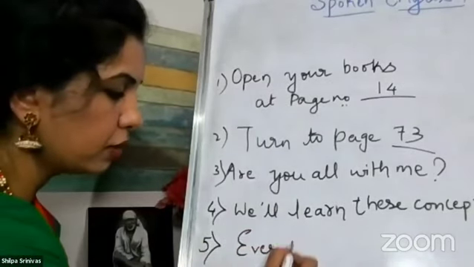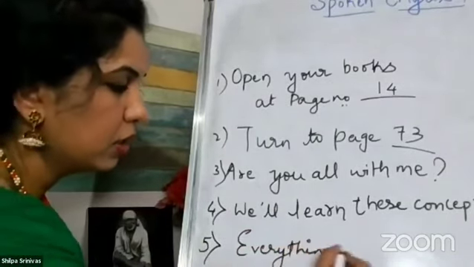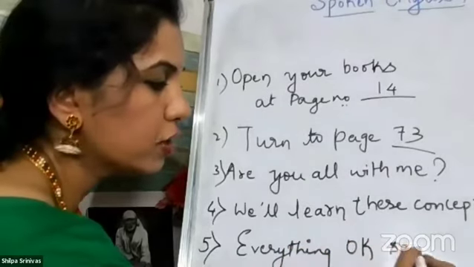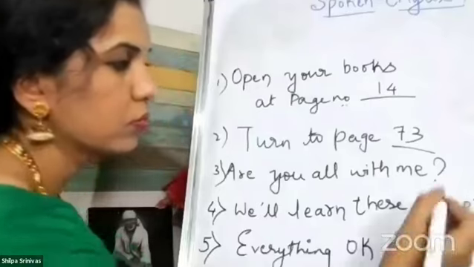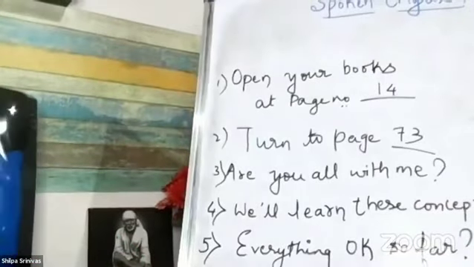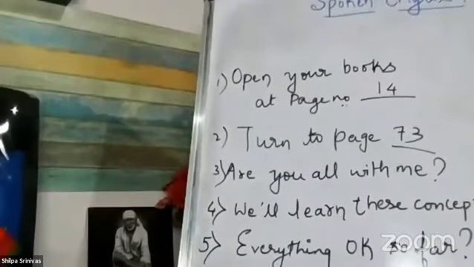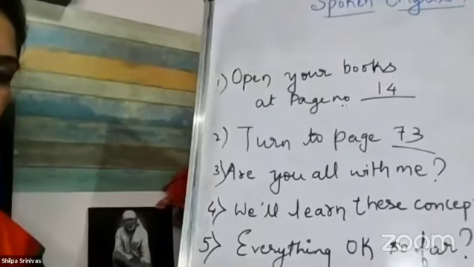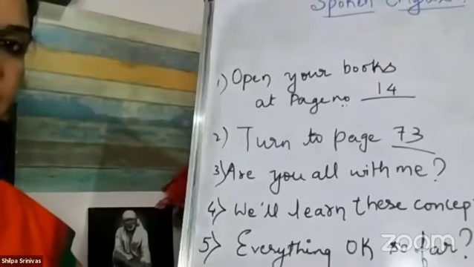Everything okay so far? In between, when you're explaining, you can stop and ask them, everything okay so far? Are you all able to understand till now? Again, one more common sentence. I'm writing a few, and I'm also telling the other sentences verbally.